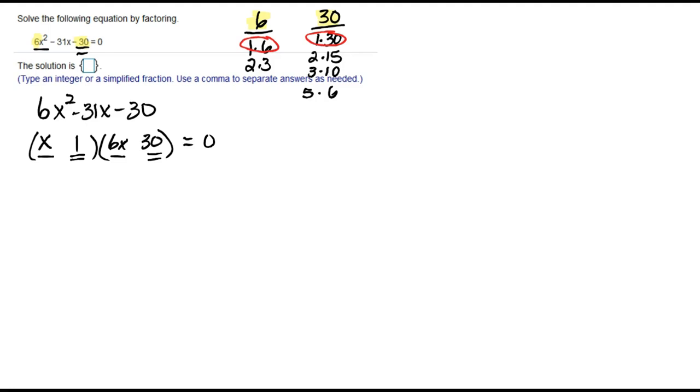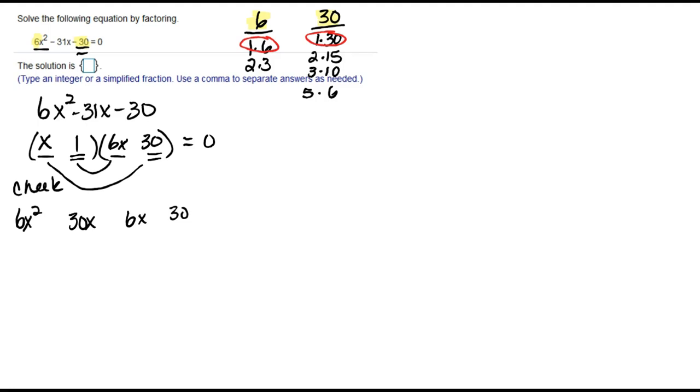And when we check this, I am only going to be checking the inside and the outside because the way that I've worked this out, I've kind of guaranteed that the first part will work. Well, let me just show you so that it makes sense. If I were to multiply this out, I would get a 6x squared, a 30x, a 6x, and a 30.